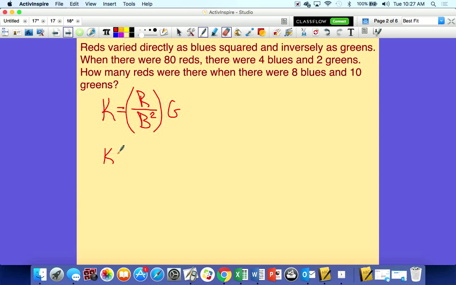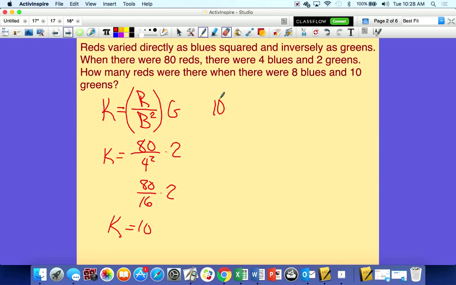So K equals, we've got 80 reds, we've got 4 blues, and 2 greens. So 80 divided by 16 is 5, 5 times 2 is 10, so our K value here is 10, and then we use the rest of our information with the same equation.